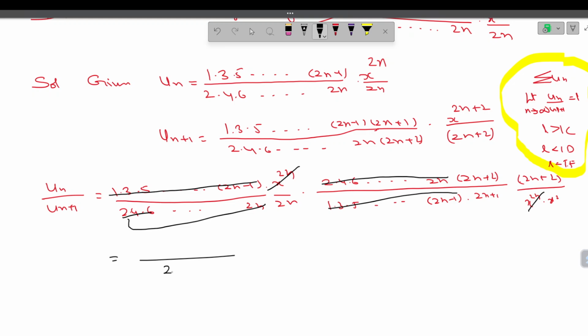Here 2n, let me write down 2n. Here 2n plus 2 whole square, because this 2n, this 2n. Then this is 2n plus 1 into 1 by x square.